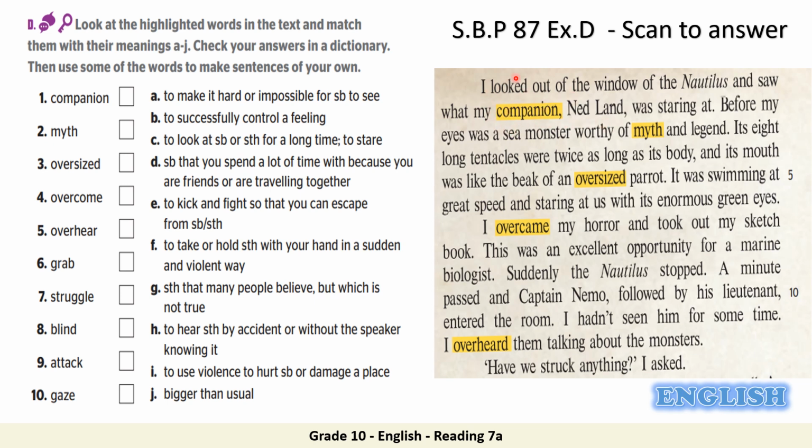So, the word companion means, can you say the answer? That's correct. It's D. Somebody that you spend a lot of time with because you are friends or are traveling together.